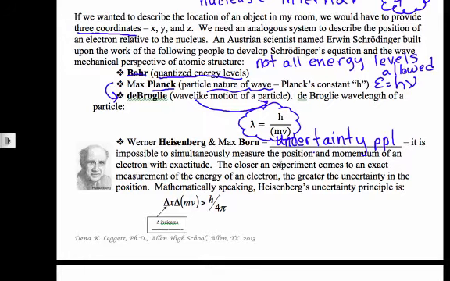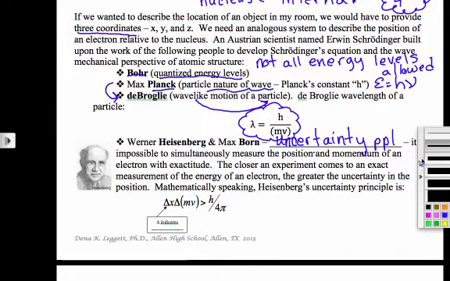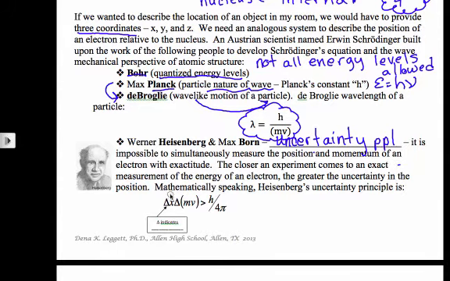All right, what that means is that it is impossible to simultaneously know the position and the velocity, that's momentum, p, mass times velocity is momentum. It's impossible to know both of them exactly.